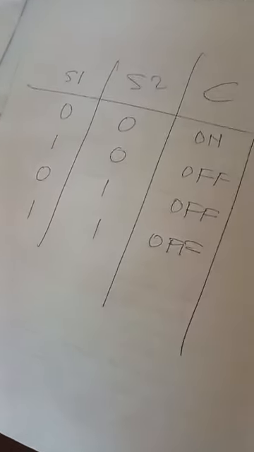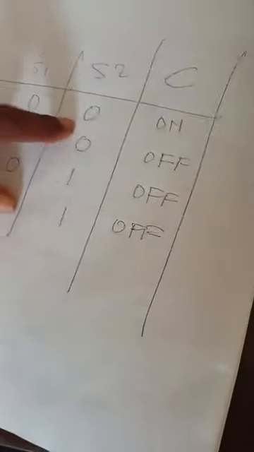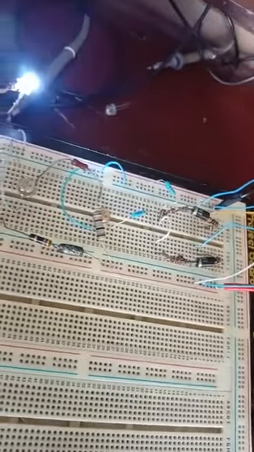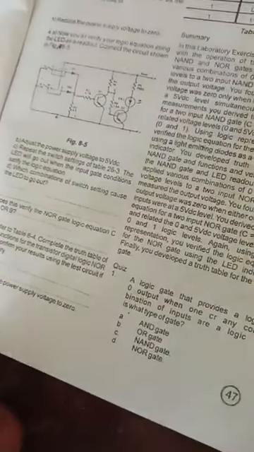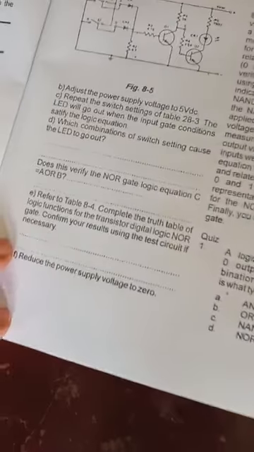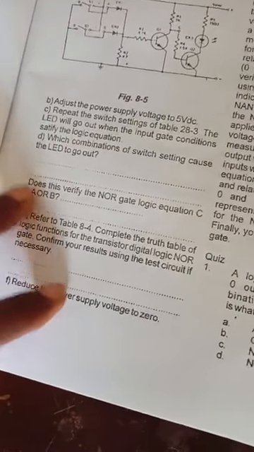We only have it on when both switches are off. You can see now, if both switches are at 0, that's when we have our LED on. So that's the operation of the NOR gate. Whenever any of the switches is on, or both are on, we are going to have off at the output.